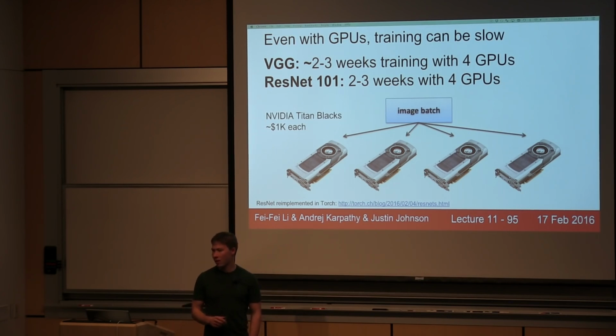One easy way to split up training across multiple GPUs is just to split your mini batch across the GPUs. Especially for something like VGG, it takes a lot of memory, so you can't compute with very large mini batch sizes on a single GPU. So you'll have a mini batch of images, maybe 128 or something like that.